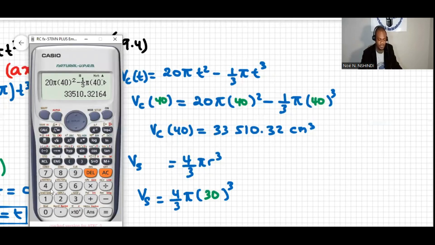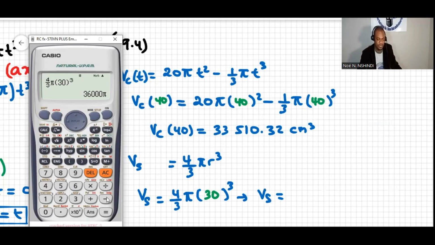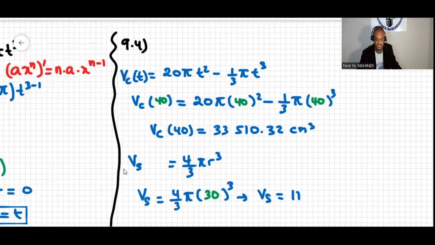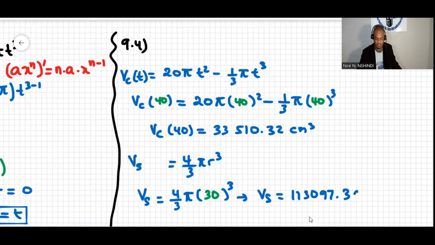So 4/3, pi, open bracket 30, close bracket, to the power of 3, and when we hit equal, we get, pressing SD here, 113,097.36 centimeters cubed.